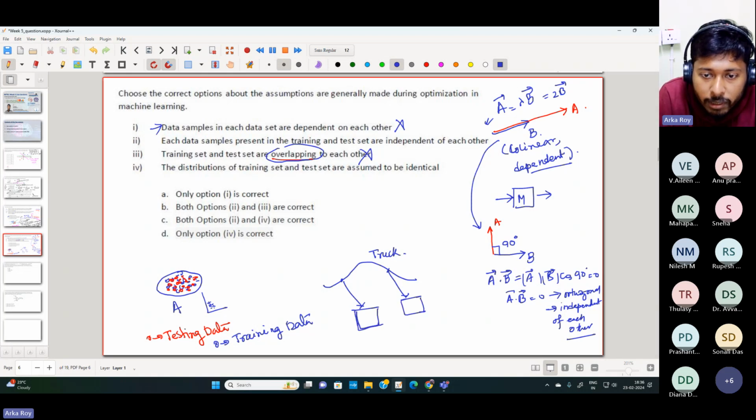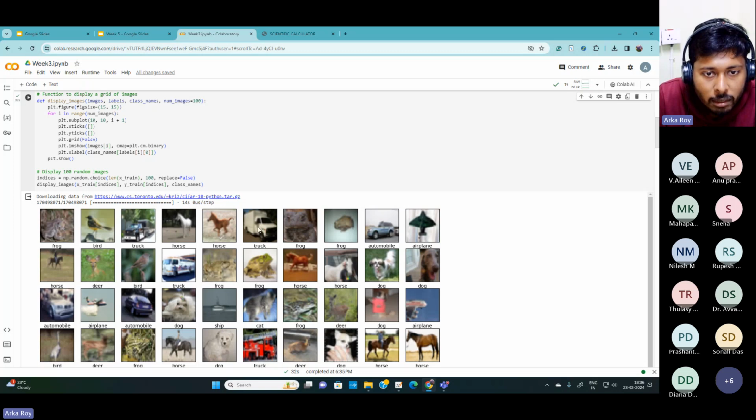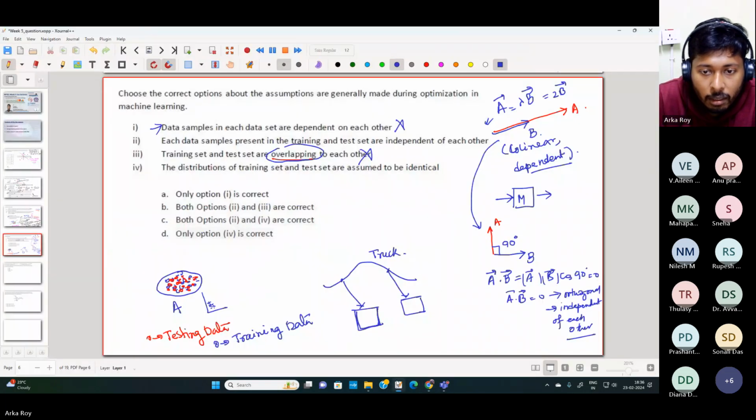Their look will be different, but they are sampled from the same distribution, which is the case over here. So these two are trucks. If you take the histogram of these two cases, you will see that there is similarity between the probability distributions. So for a machine learning data set, they should not be overlapping with each other.